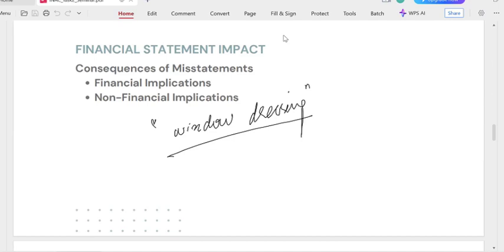We have a very famous case of Enron in which they were showing that they have operations in South America, and they were just issuing new shares and giving more dividends to their existing shareholders to show that they are doing really well.